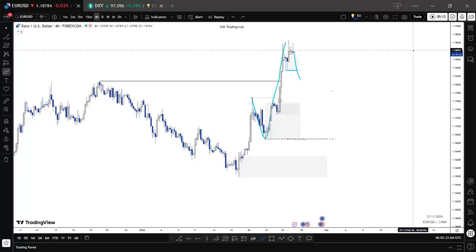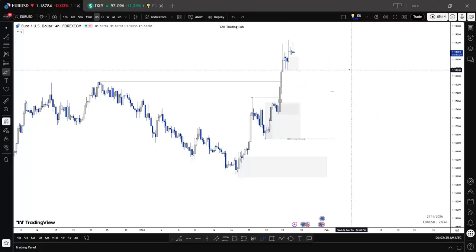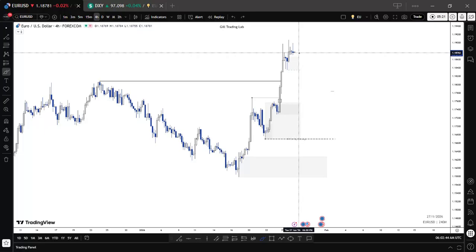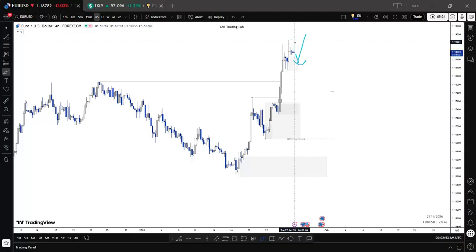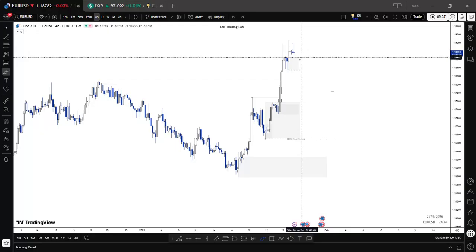So for today's session, I'm willing to look for longs to follow this fractal order flow. Price can either pull back to this demand and we look to catch the fractal low to target the high. We can even see price is leaving behind these descending highs, which price might target on the way up.